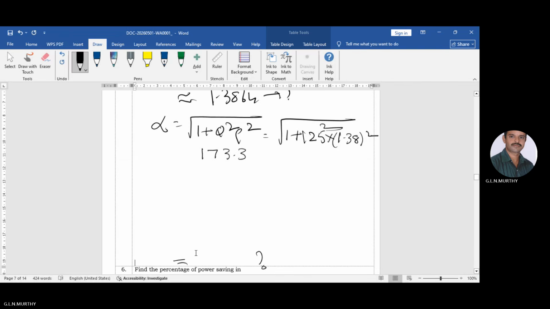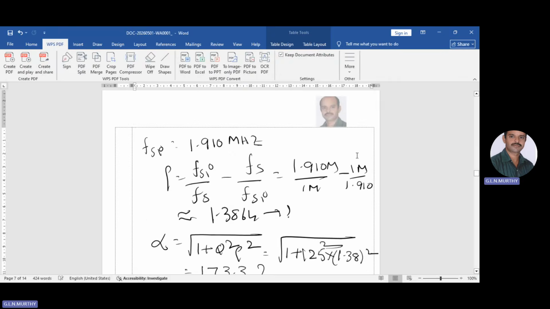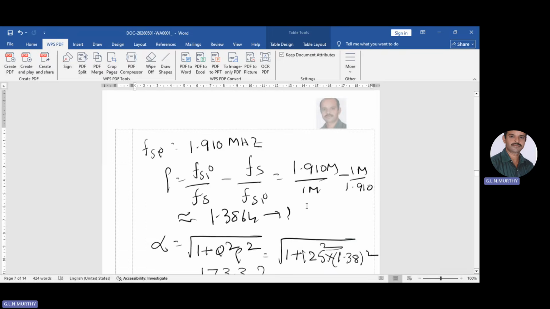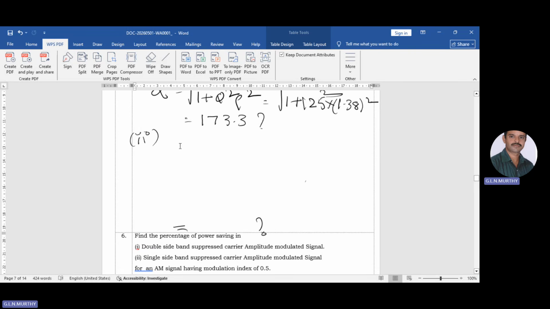Similarly, we have another case now. What is asked in the second case? Let us go back. Signal frequency 30 mega. Fs equals 30 megahertz. Same process. FSI equals Fs plus 2 into FIF.